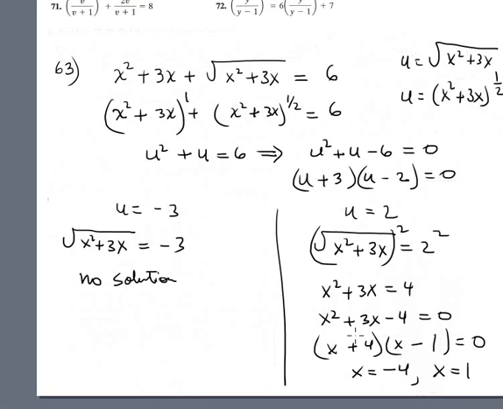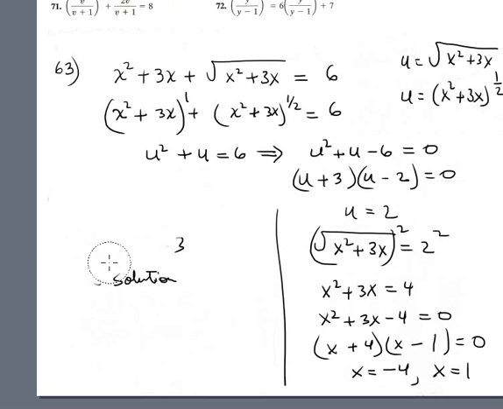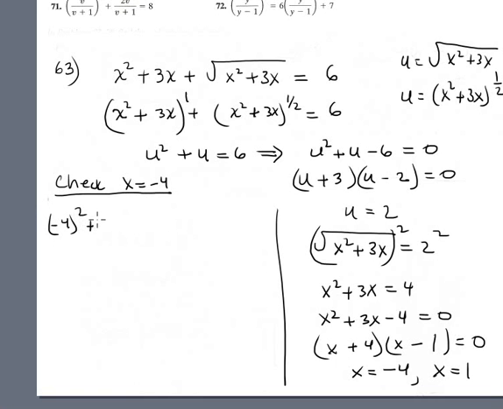Okay, but you must check. Why is checking important? Because we have a radical. When you have a radical, you must check. Let me see the checking part. For x equal -4: -4 squared plus 3 times -4 plus the square root of the same thing. This is 16, and this is 12, so this is 4, the square root of 4.